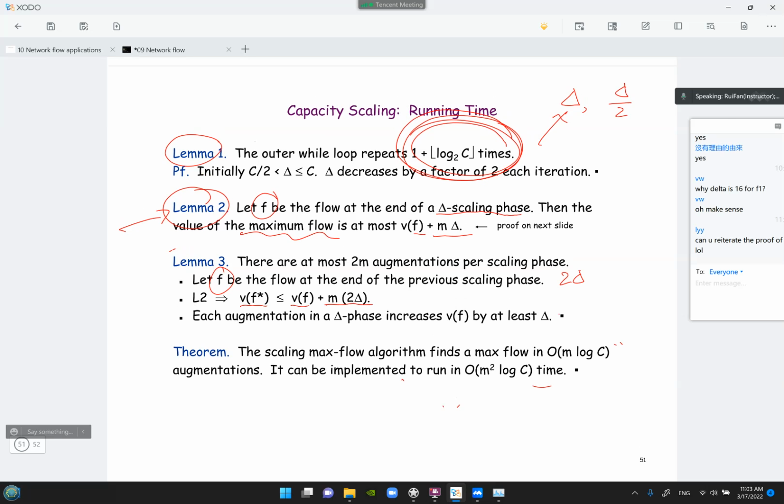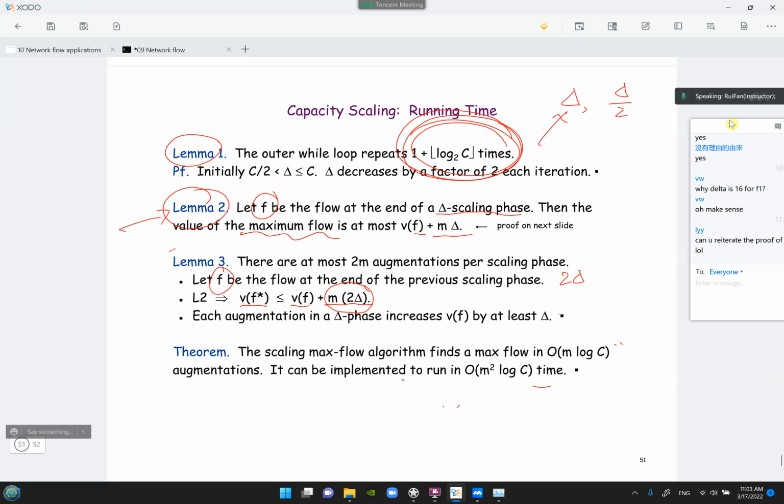So when you start the current delta phase, all we need to do is increase our flow by maybe this amount, m times 2 delta. If we can do that, then we definitely have a max flow.